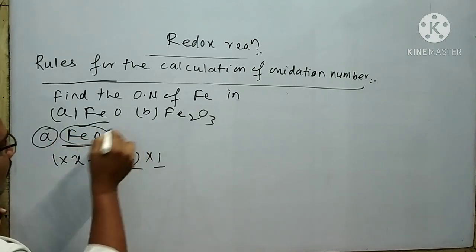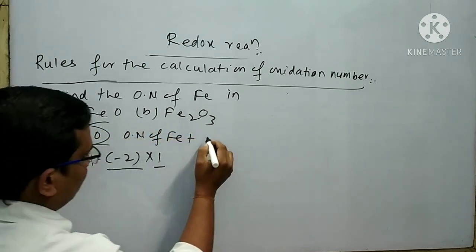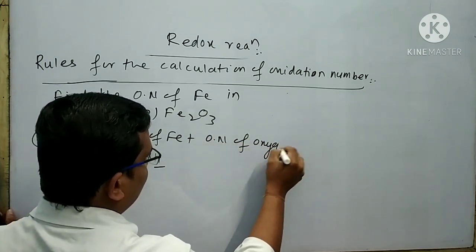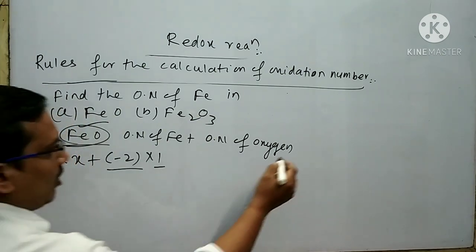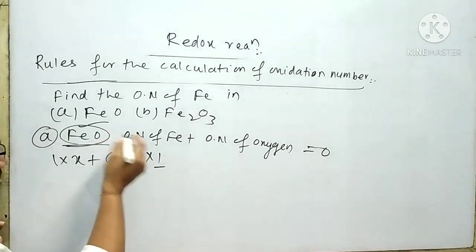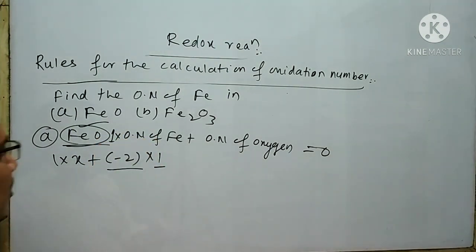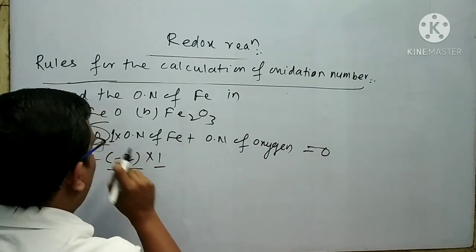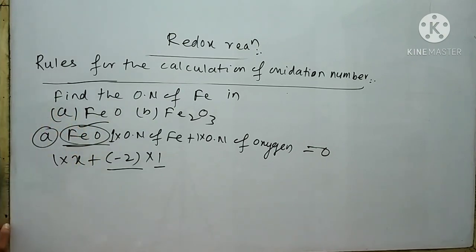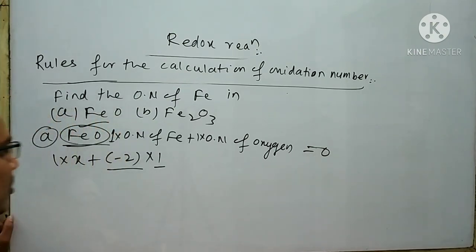For this molecule, I can write oxidation number of iron plus oxidation number of oxygen equal to 0. Here one iron atom is present, so I write 1 into oxidation number of iron plus one oxygen atom, 1 into oxidation number of oxygen, equal to 0.